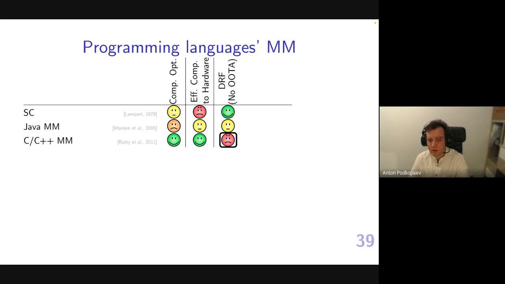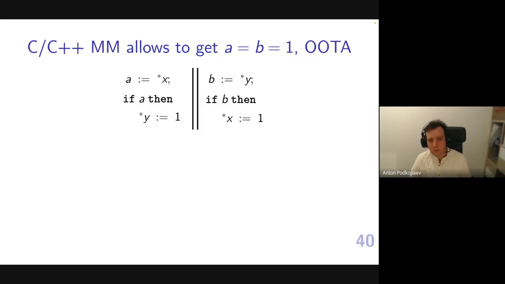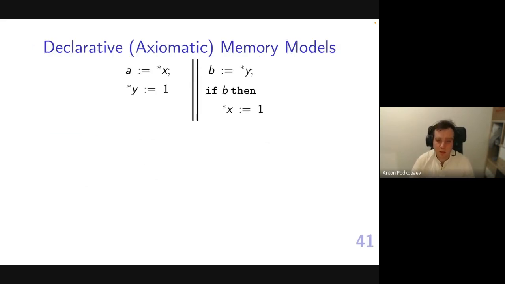So let's now discuss what the cause of out of thin air in C++ is. As I showed you before, this program in C++ may end up with A being equal to B and being equal to 1 at the end of execution. But now let's start with a slightly modified example to discuss the C++ memory model.